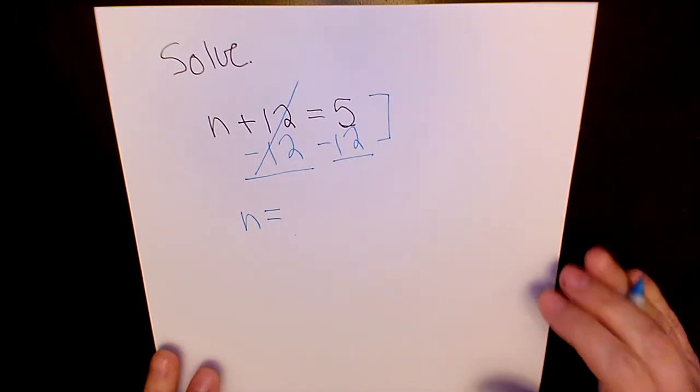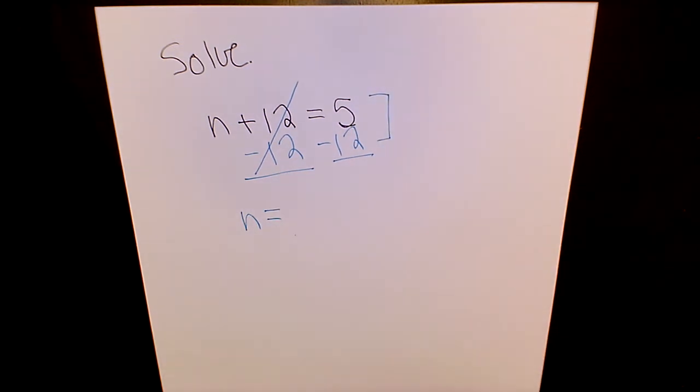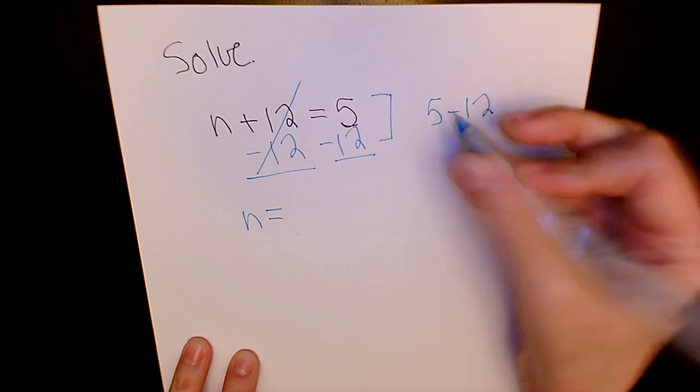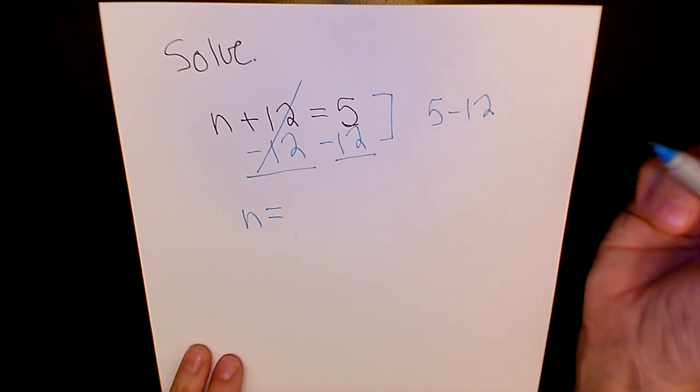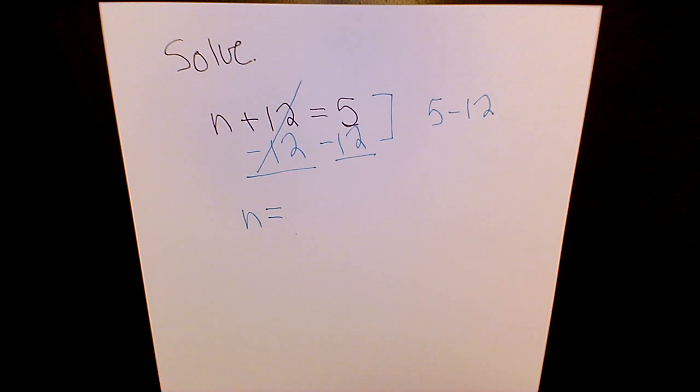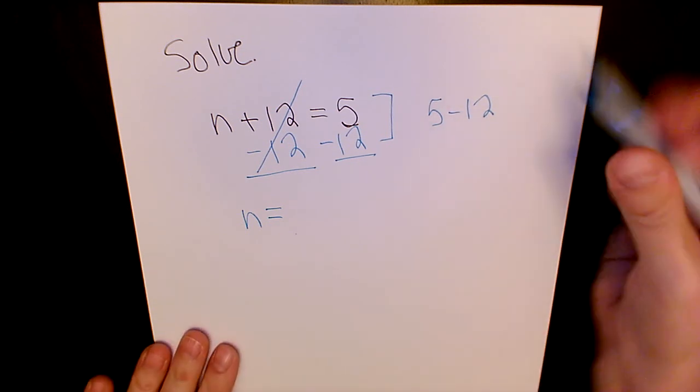Now let's look at what's going on over here. I have a 5 minus 12. So I have a positive number and a negative number. And remember, when I have that going on, I need to subtract. And the sign of the answer goes with whoever has more.